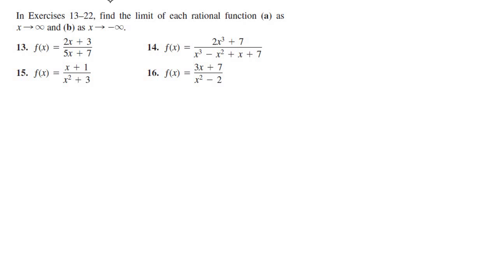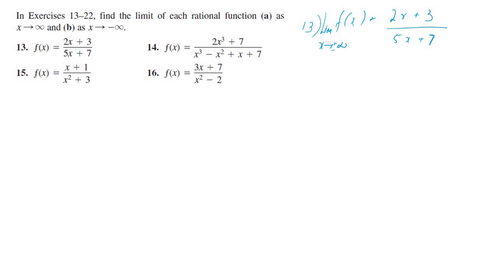So the answer for 13, let's do question number 13. f(x) is equal to (2x plus 3) over (5x plus 7). We need to find the limit as x tends to infinity.